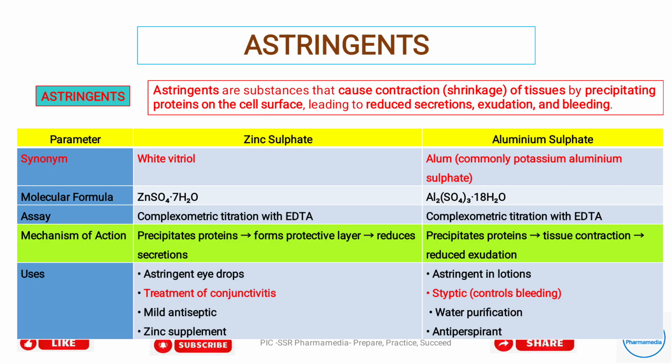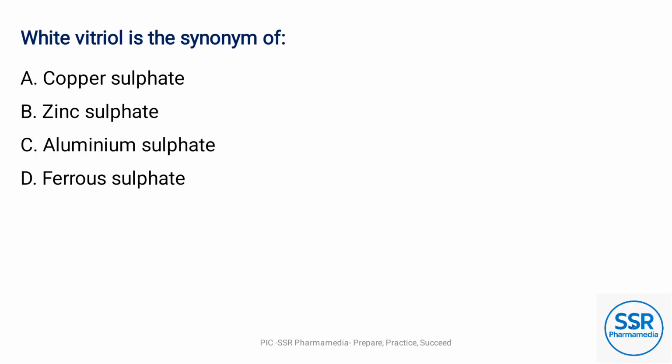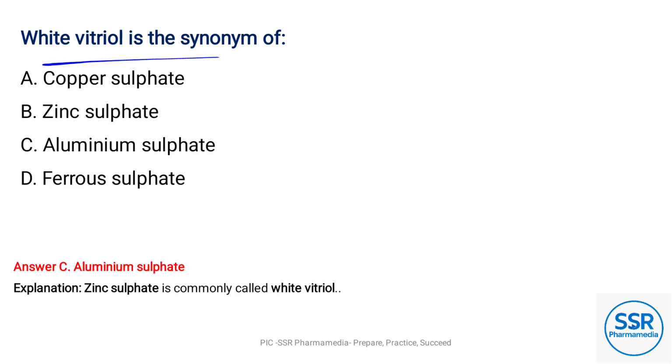Next, astringent definitions, and I think it is again repeating these two compounds. White vitriol is the synonym of, option C, aluminum sulfate? Zinc sulfate is commonly called white vitriol, so this answer is wrong.